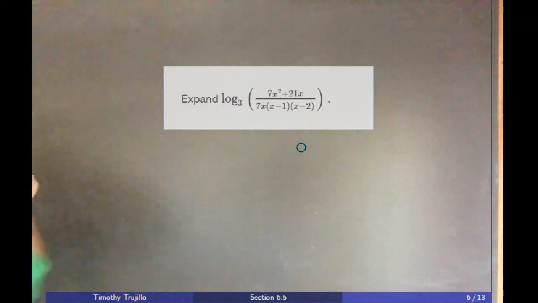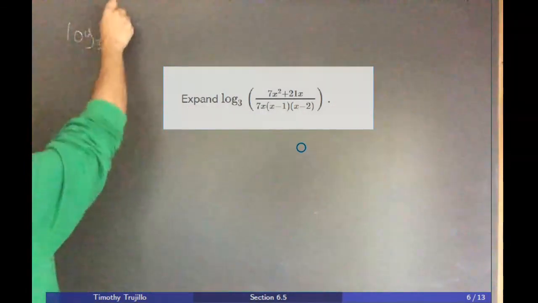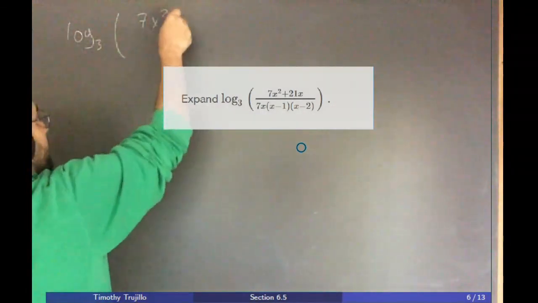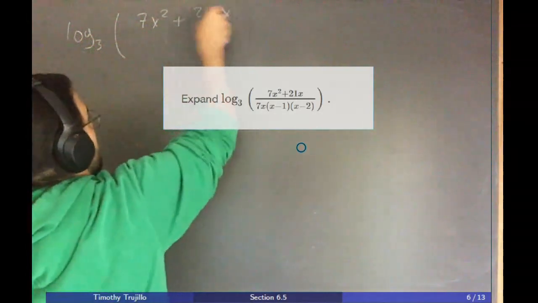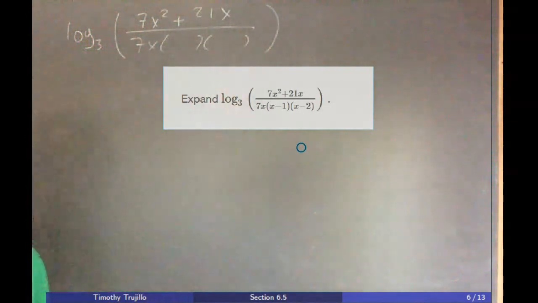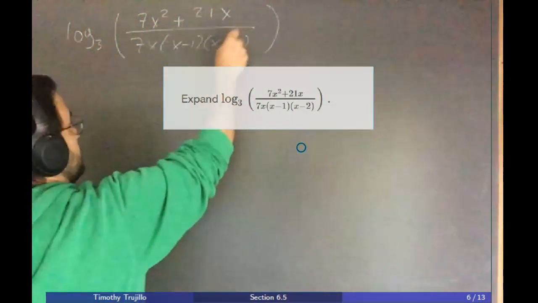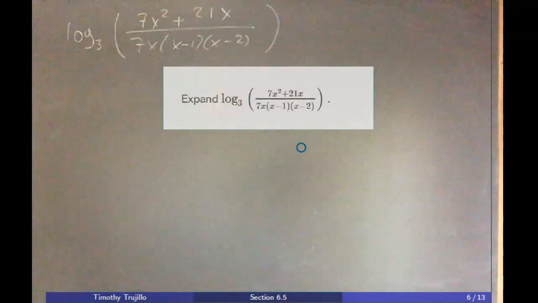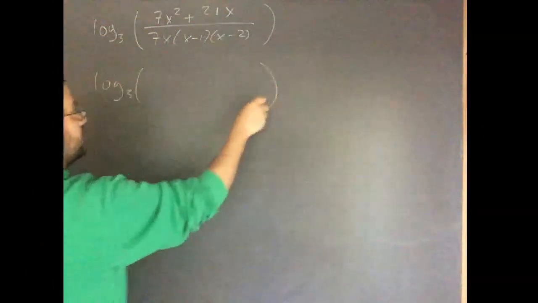Again, I'm going to write this on the board and then I'll share the whole screen with you. Log base 3 of 7x squared plus 21x, all divided by 7x, and then factors down there in the denominator, x minus 1 and x minus 2. Okay, and let me share my entire screen. Again, we'll factor the 7x out of the top first, and we'll just leave the logarithm alone.